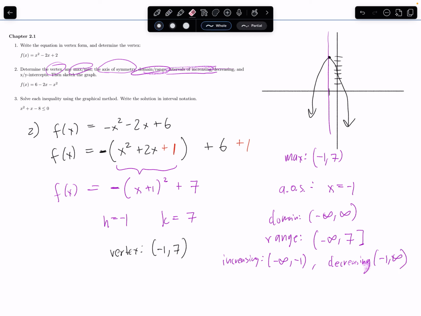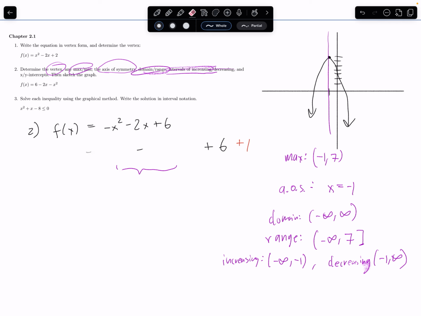And then the xy intercepts. Okay, xy intercepts. Hold on a second. Let me make some space for myself. I'm going to erase all this work here. For the xy intercepts, the y-intercept is easy. You just plug in 0 for x, right?